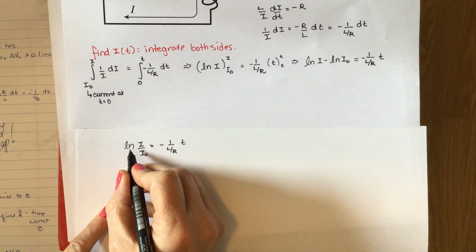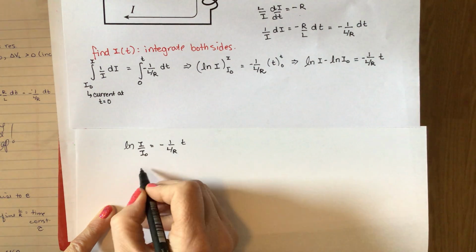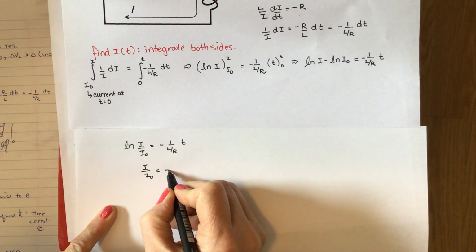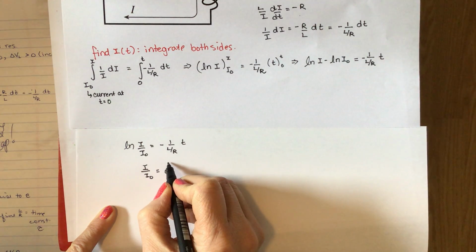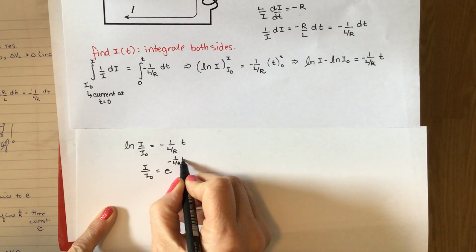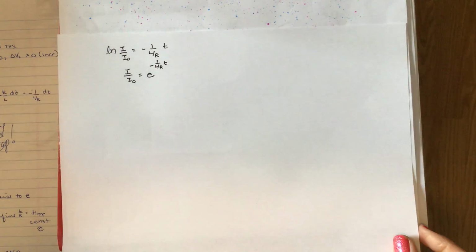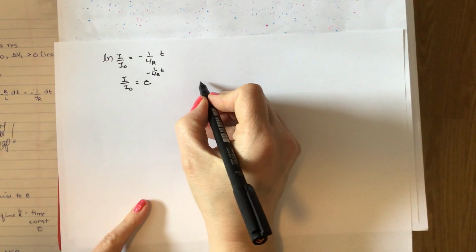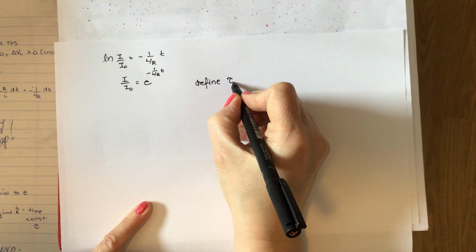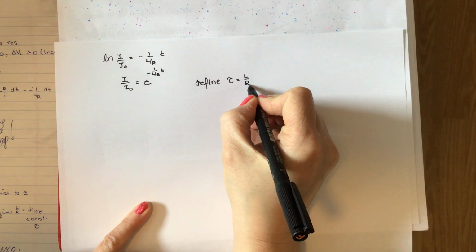So e to the exponent of natural log I over I0 gives us I over I0 equals e to the minus 1 over L over R times t. Here we'll introduce a new definition. Let's introduce L over R as tau, our time constant. So we'll define tau equals L over R.